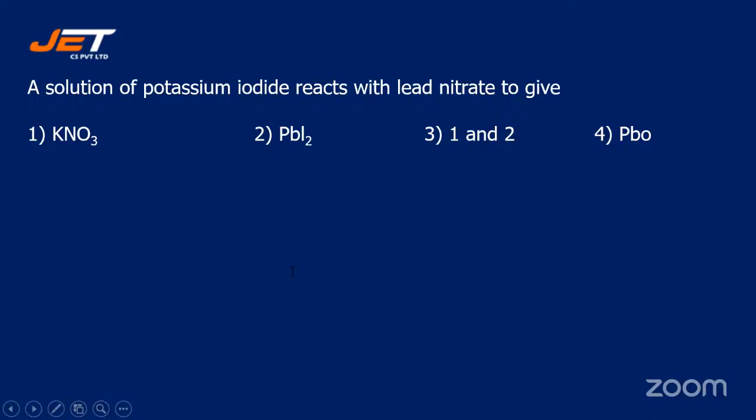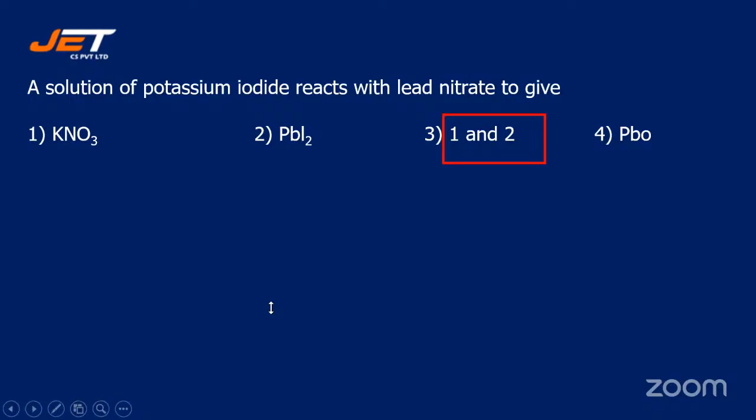Srutasya has mentioned it as 1 and 2. Remaining people still not active. Okay, let us check on this. Yeah, it's the right answer. Why?